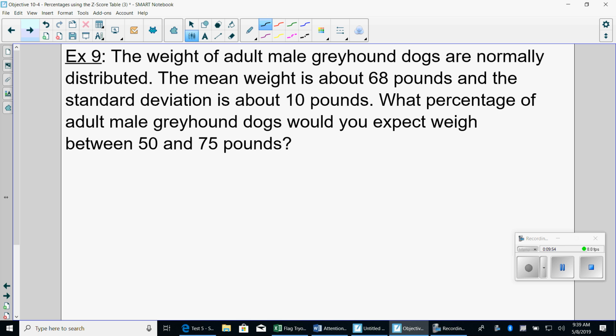All right. So I want you to try this one on your own. Pretty easy. These should be pretty easy. It has a mean of 68, a standard deviation of 10, and I want to know the percentage that would weigh between 50 and 75 pounds.